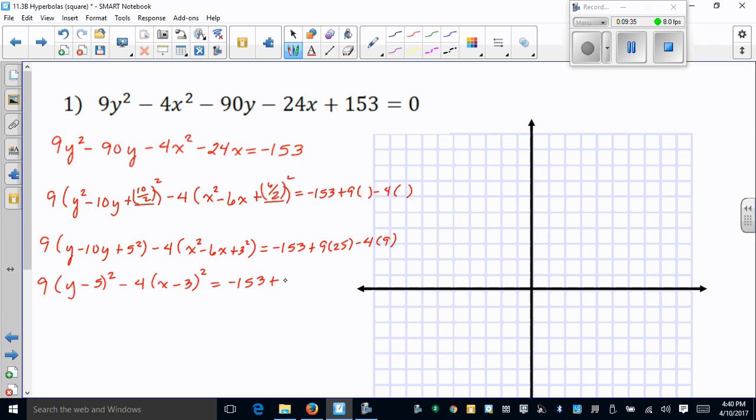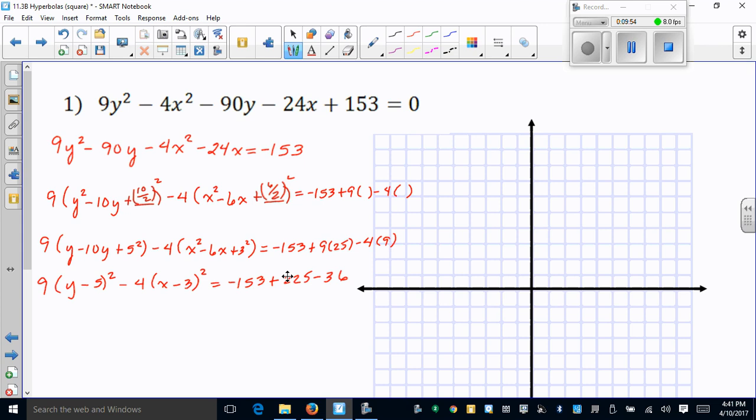So we do the quick math on that, because like I said, I did it earlier, I got the wrong answer. Negative 153 minus 36 plus 225 gives me a positive 36.